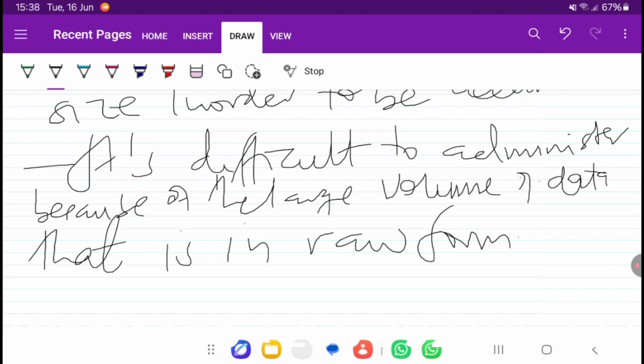Remember, we said with statistics, we organize, summarize, classify, present, then we do the analysis and interpretation. So it will be hard for you to manage well, because the information will be very huge.